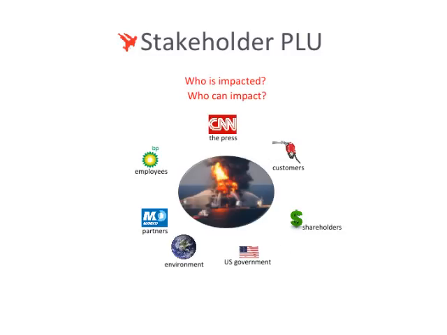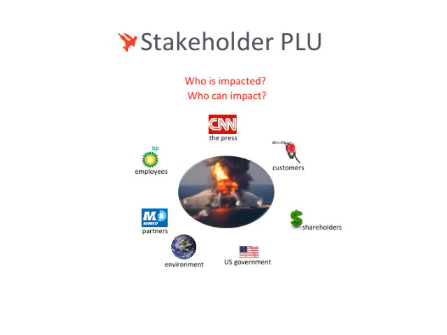Let's start by looking at a real situation with a real organization. The Deepwater Horizon oil spill, BP from May 2010. So who are the stakeholders impacted? We've listed a few here. Start with the media up at the top. The media is a stakeholder who is impacted and who can impact the outcome of this situation for BP.